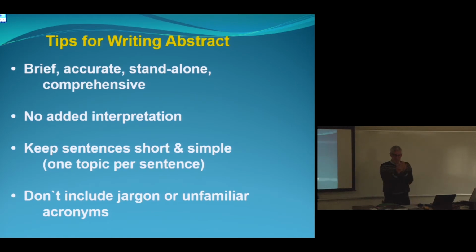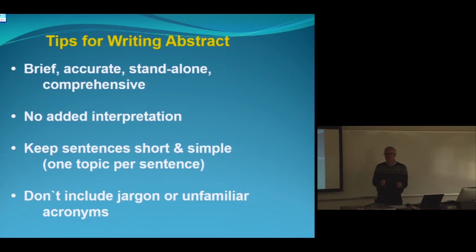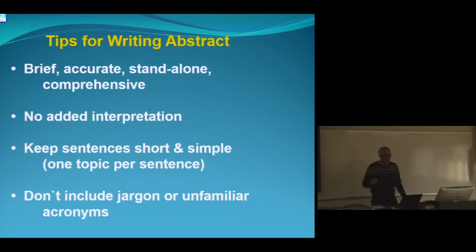And it's there that they're going to decide, nah, I don't want to waste my time. Or, oh, this looks interesting. I'll spend some of my valuable time trying to understand what this research is about. So it's extremely important.